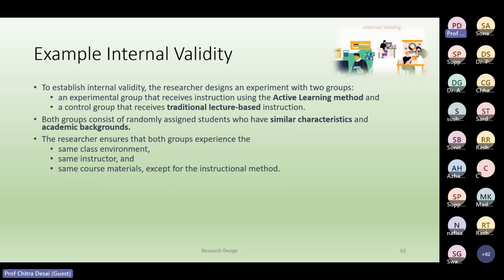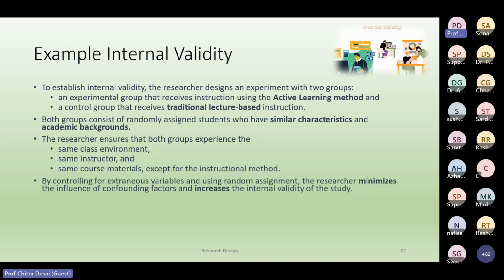We also ensure they have the same class environment, the same instructor, and the same course material. But what we change is only the method of instruction: in one we have the active learning method, and in the other the traditional lecture based, and with that we try to understand how internal validity will be assessed.